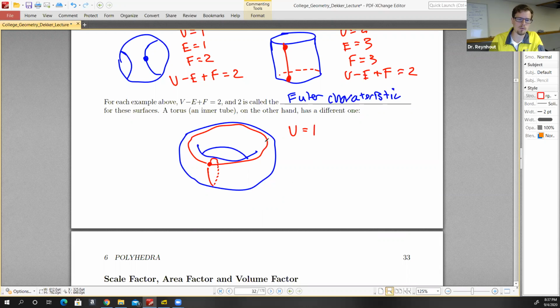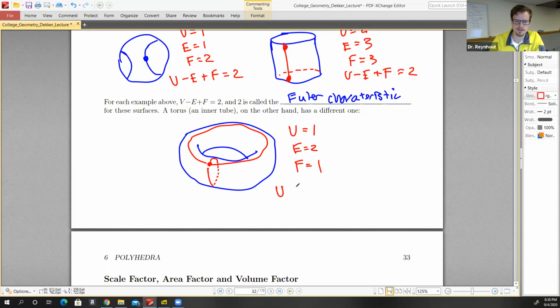I have 1, 2 edges. And then there's only one face here. Notice that if I were an ant and I couldn't cross over the red line, I could actually get anywhere. If I were right here, I could go down underneath and end up on this other side. And then I could just wander around, go down and come back up, and I can go anywhere that I want. So there's only one face here.